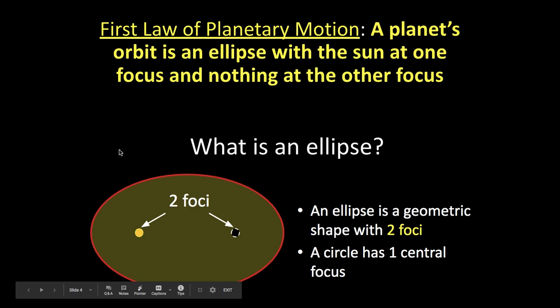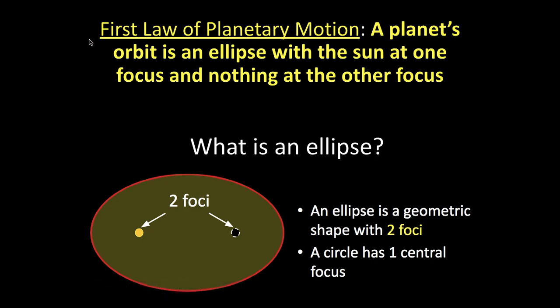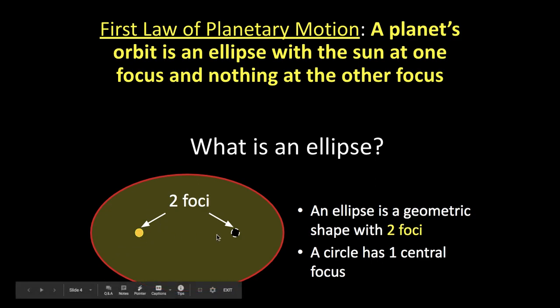So that led Kepler to his first law. A planet's orbit is an ellipse with the sun at one focus and nothing at the other focus. All right? So what a focus is, the plural is called foci.